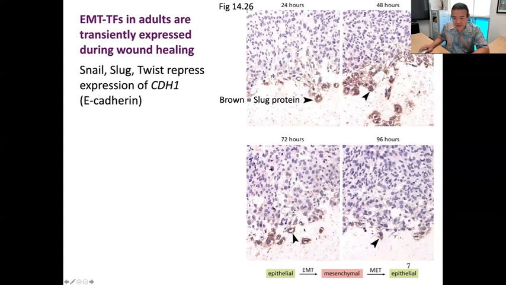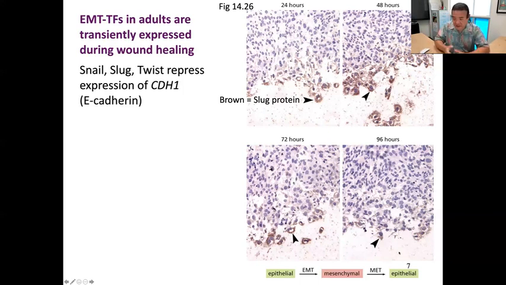At a certain point, once enough of this is filled in, the cells begin to turn off expression of these EMT transcription factors again. And after 96 hours, you see something like this. Now obviously, you're like, well, wait a minute, this is still part of the simulated wound here.